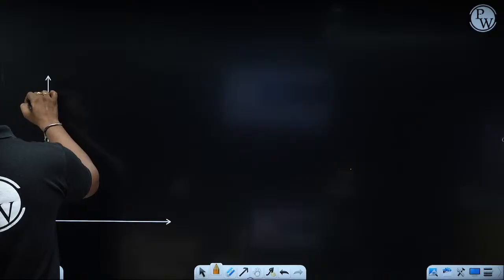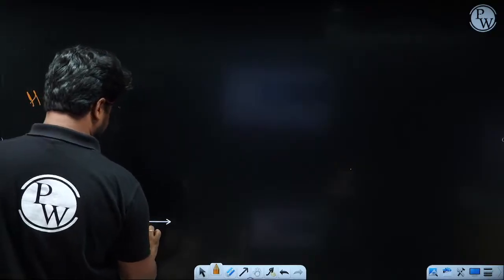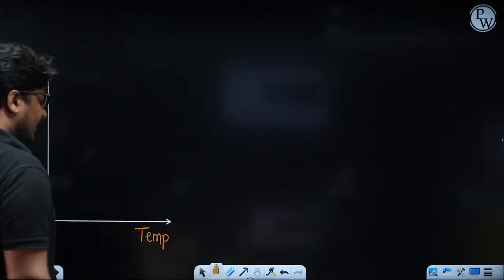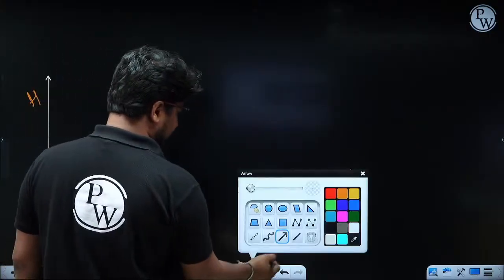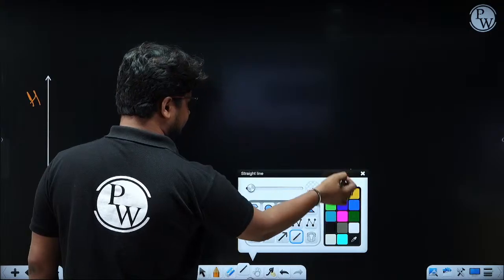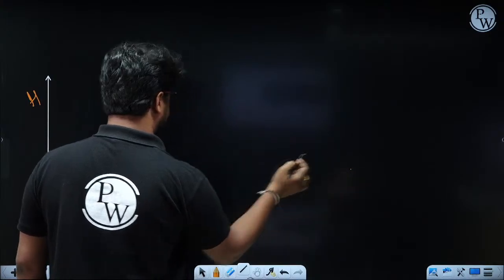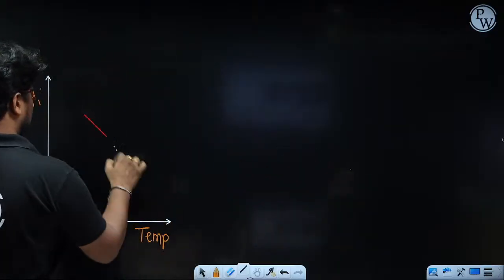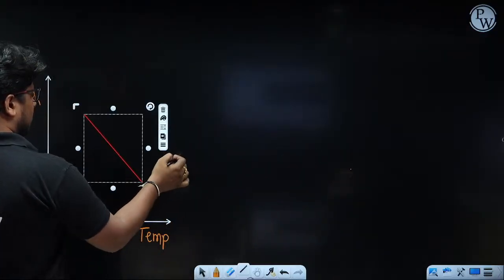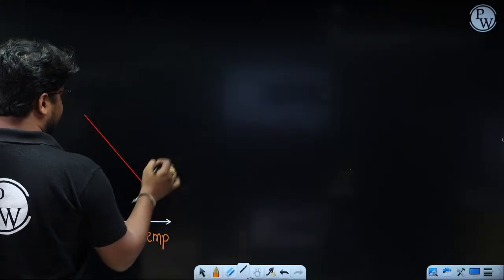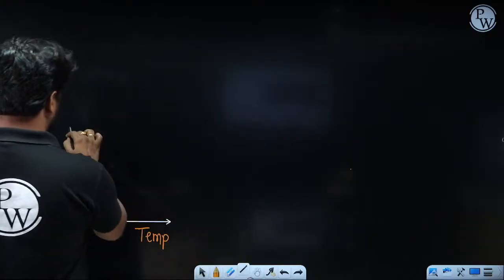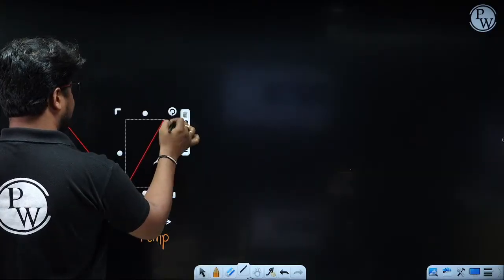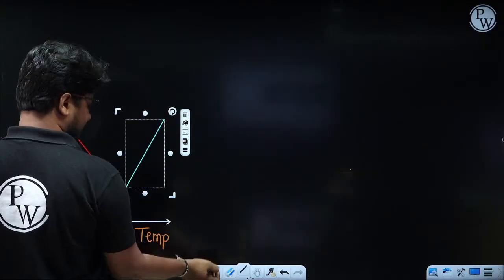So this side you have height and that side you have temperature. So this is the ALR line and this is the ELR line.